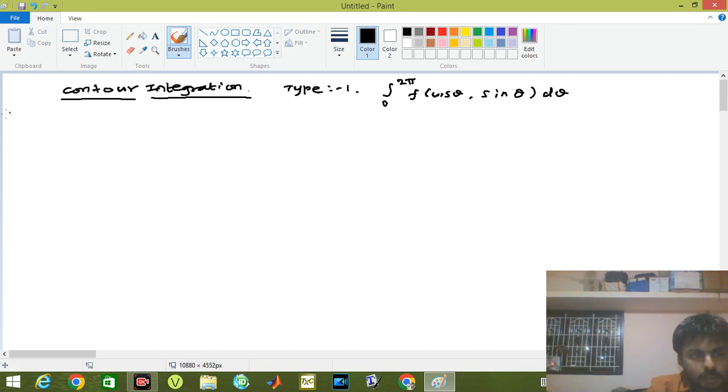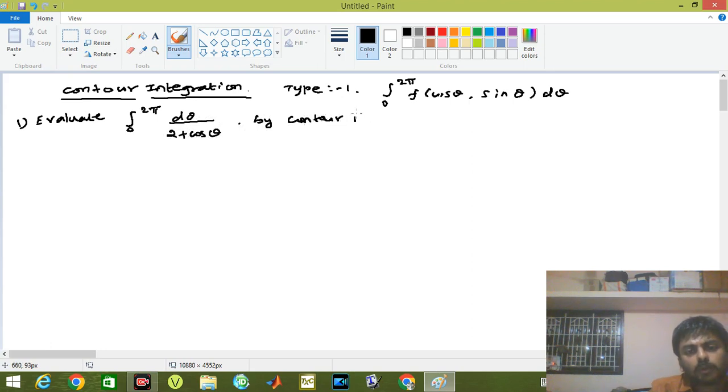Take the question. The problem is: evaluate the integral from 0 to 2 pi of d theta divided by 2 plus cos theta by contour integration. So here comes the solution.